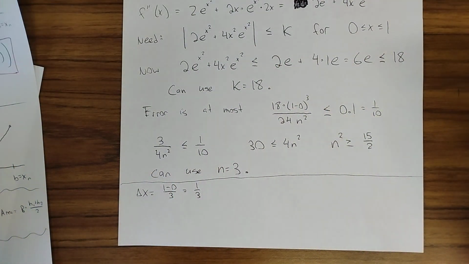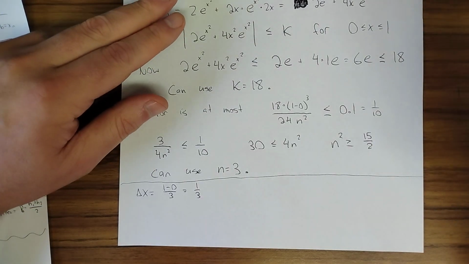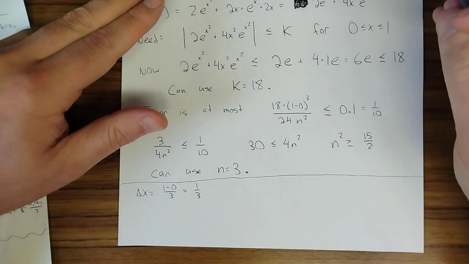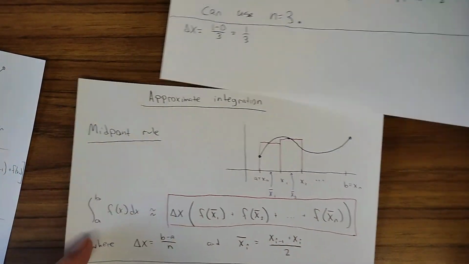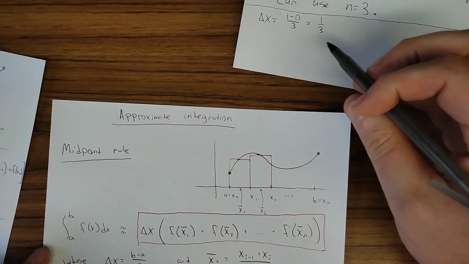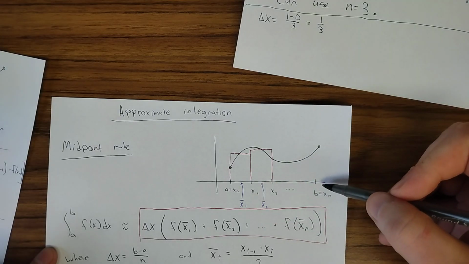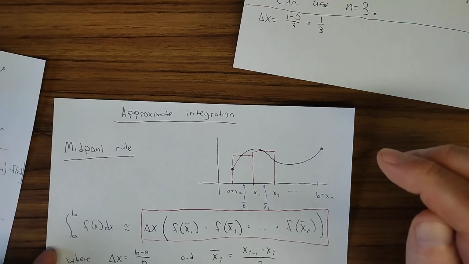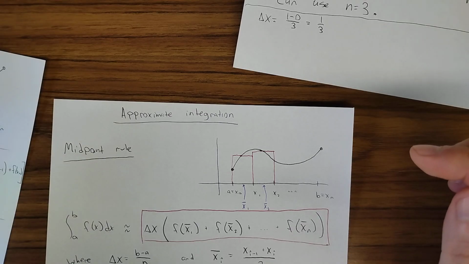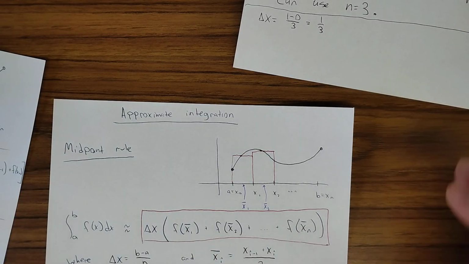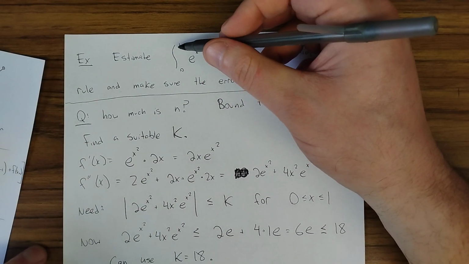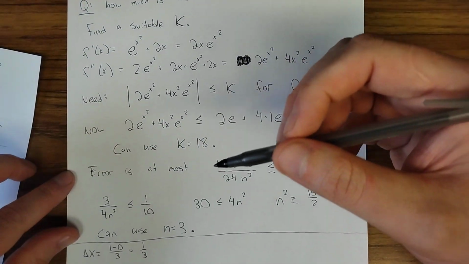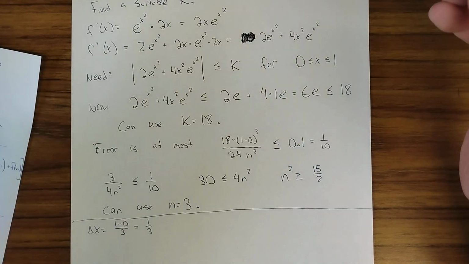For the midpoint rule, I take my interval and I break it into n subintervals. So I'm going to take my interval from 0 to 1 and I'm going to break it up into 3 equal pieces.